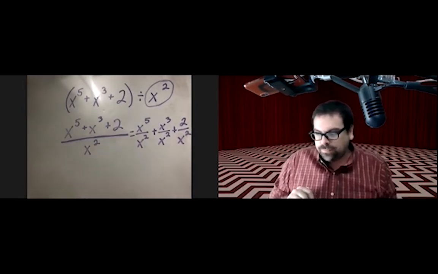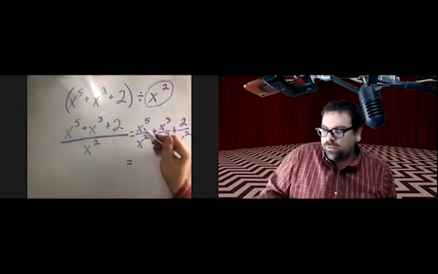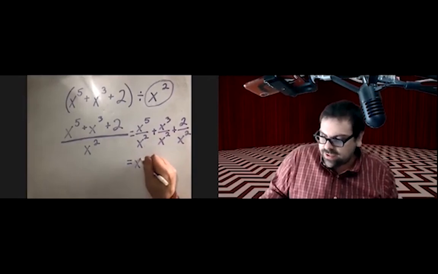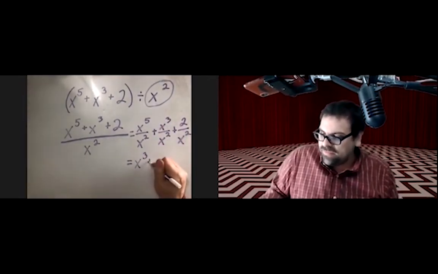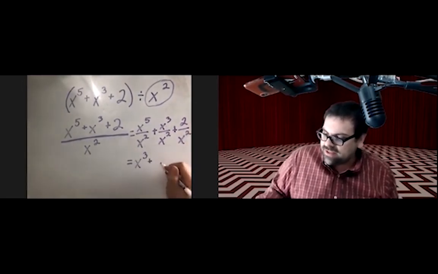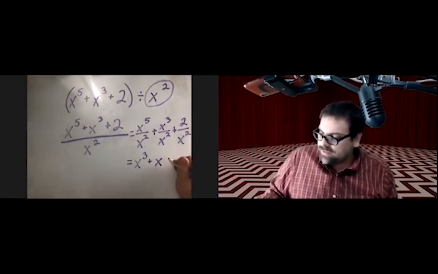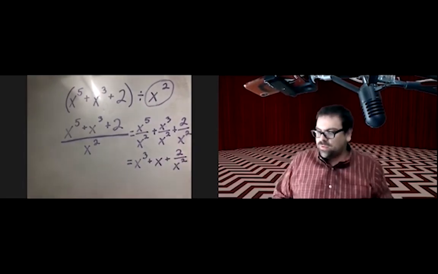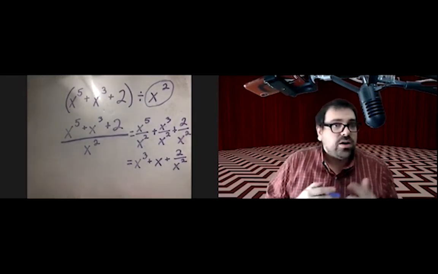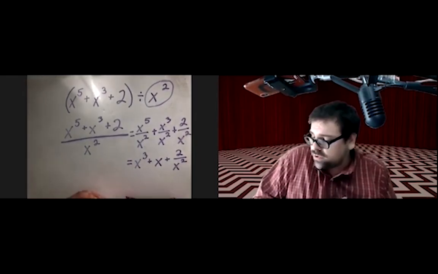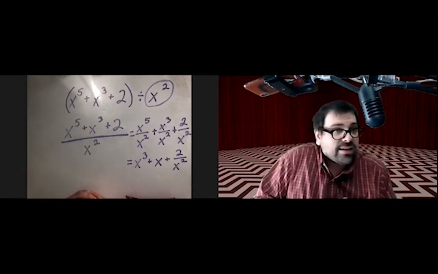And then what would we do? x to the fifth over x squared is x cubed, plus x cubed over x squared is x, plus 2 over x squared, or 2x to the negative 2, depending on if we're allowed to use negative exponents in our final answer or not.